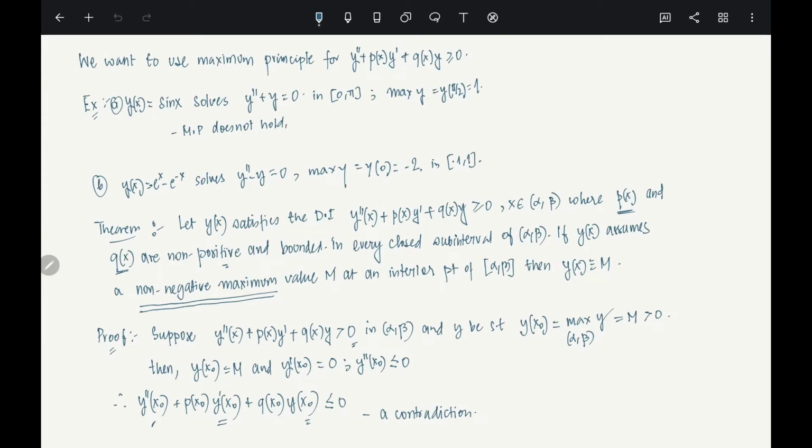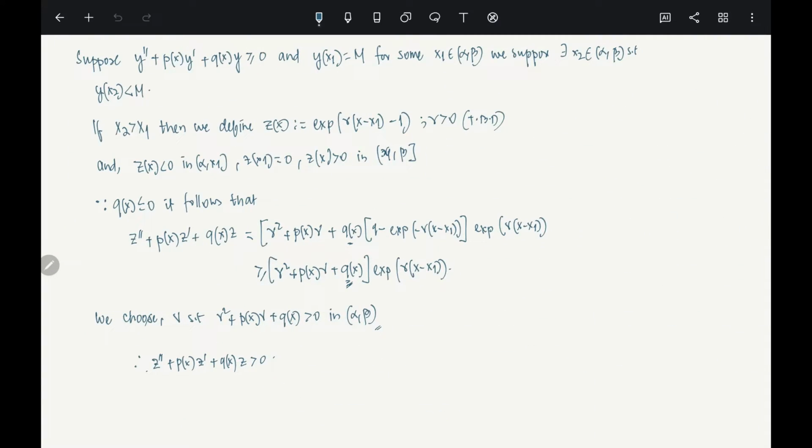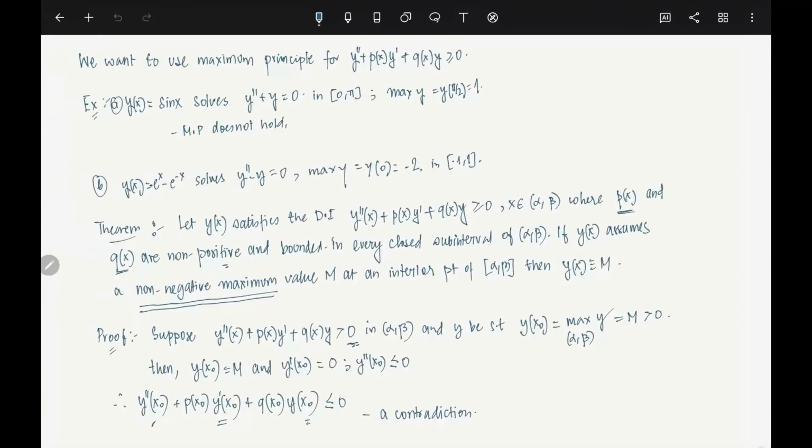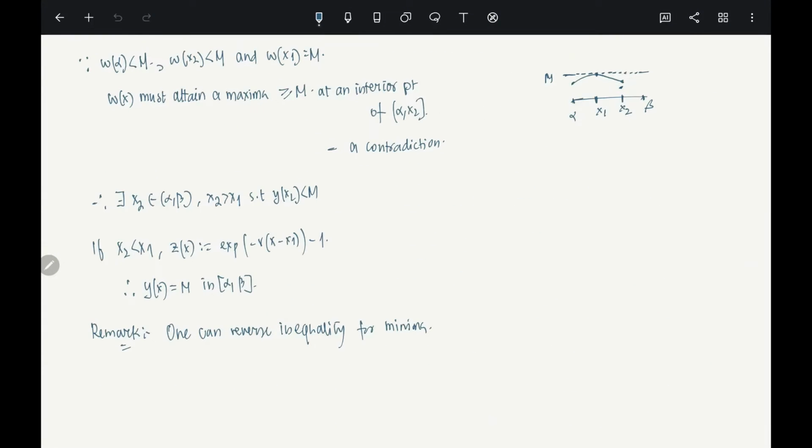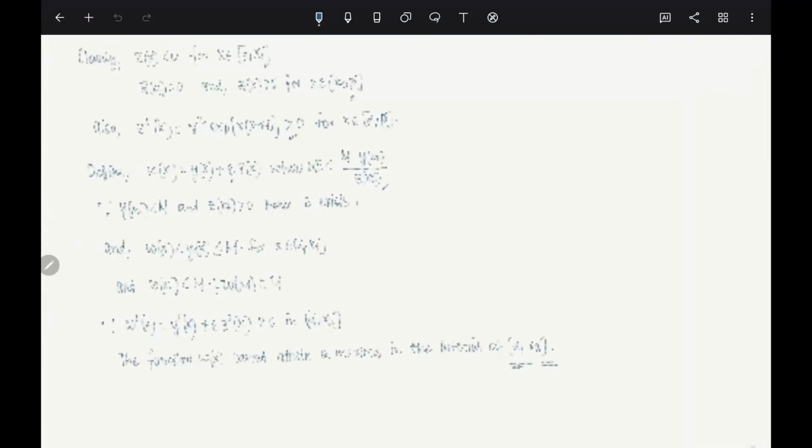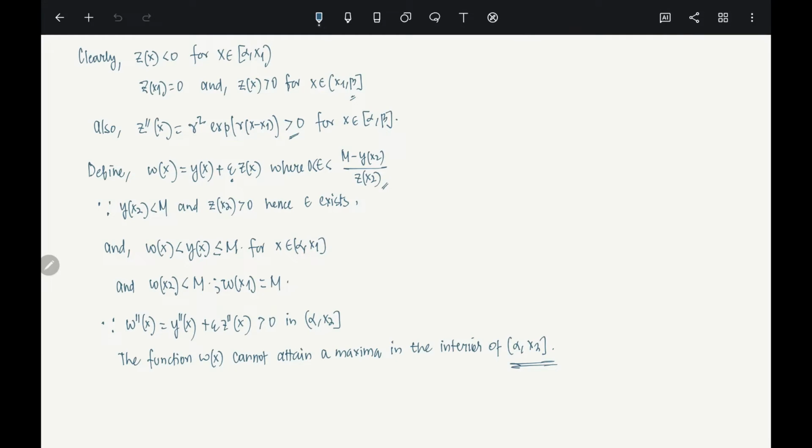If this expression is positive, then it has to be identically equal to m, if it assumes a non-negative maxima, that is okay. So we can use that, and then use this logic which we used here.